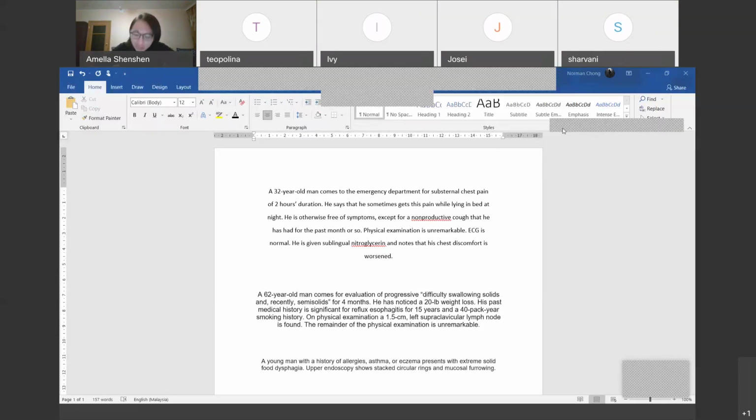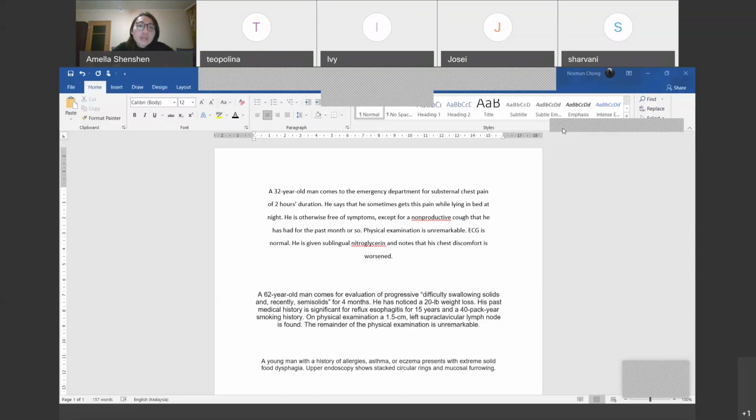What are your other differentials? GERD. Okay, gastroesophageal reflux disease. Any other differential? How about unstable angina?